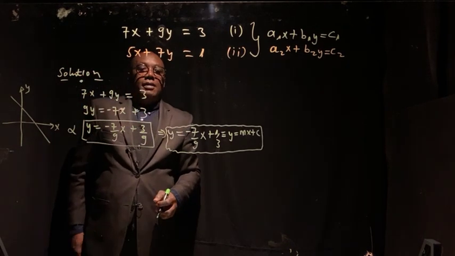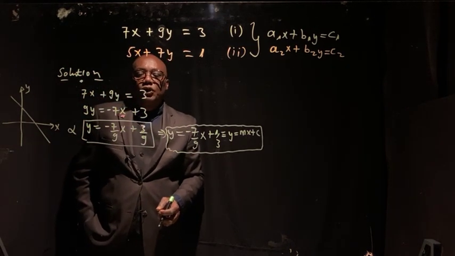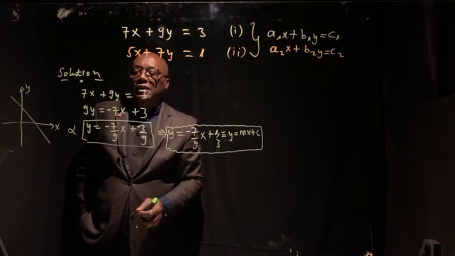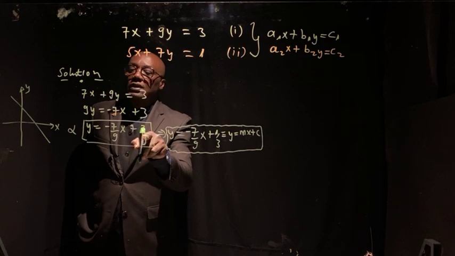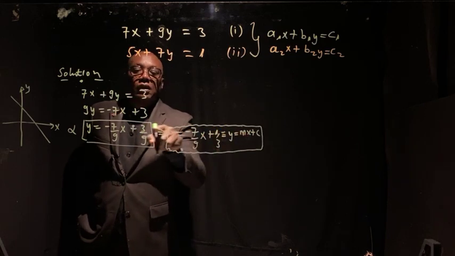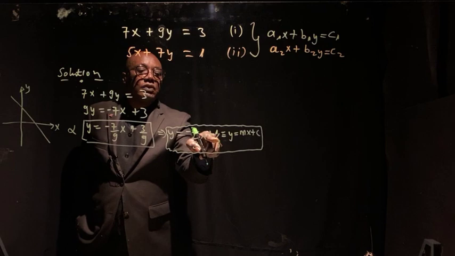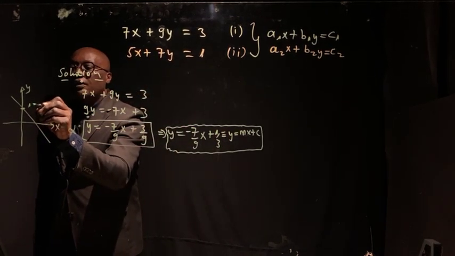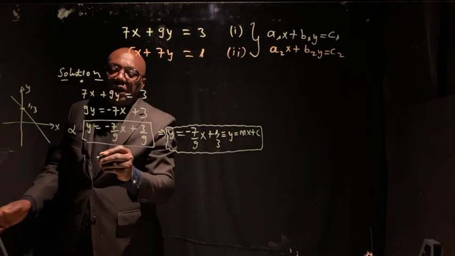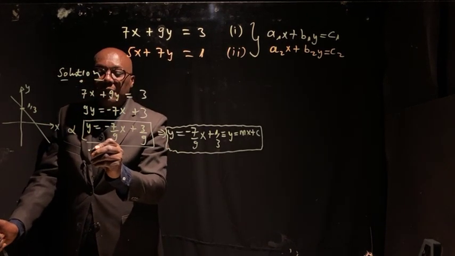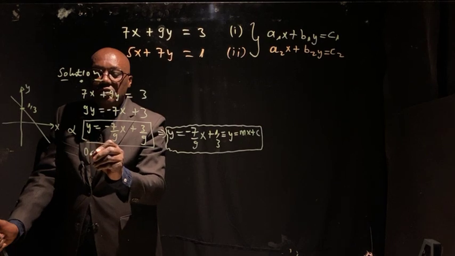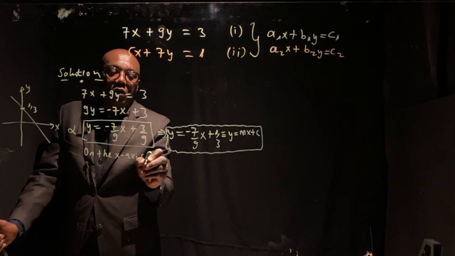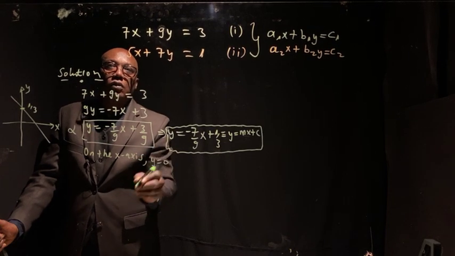Good. But I think that we can use the opportunity to find the x-axis intercept as well. As we know that the y-axis intercept is the c, which is 3 over 9, or which is 1 over 3. So here is the y-axis intercept, which is 1 over 3. But what about the x-axis intercept? We say that on the x-axis, y equal 0.